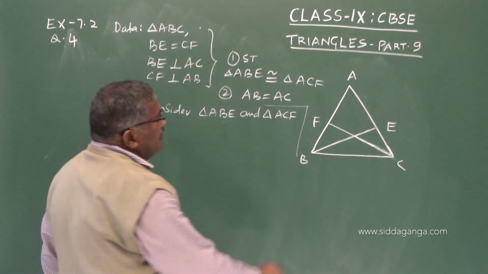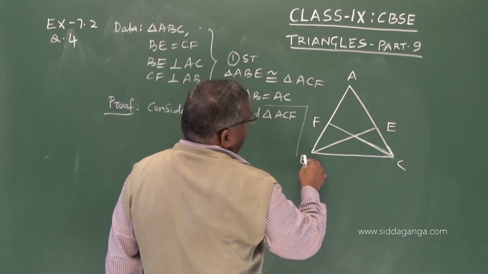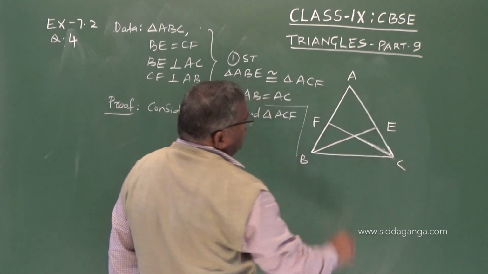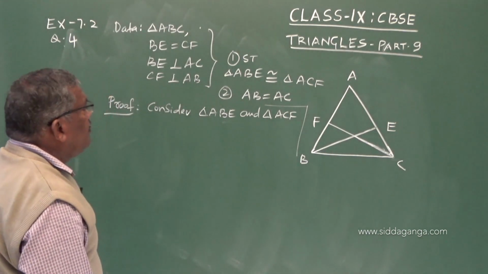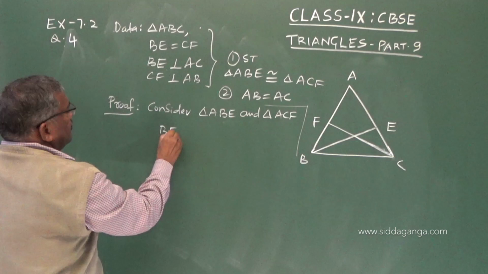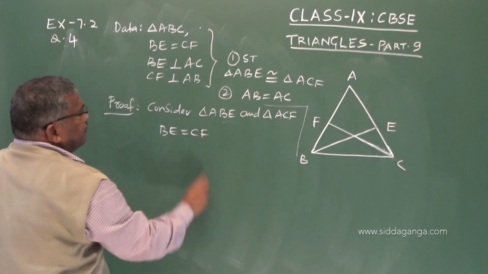So, in ABE and ACF, it is given BE equals CF.